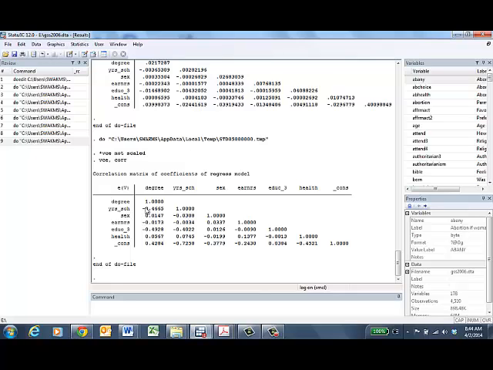Anytime the results from this are close to about 0.5, we may have some issues with multicollinearity. And so again, we can see that our education variables are fairly close to 0.5 in absolute value, which suggests that there may be issues with multicollinearity.